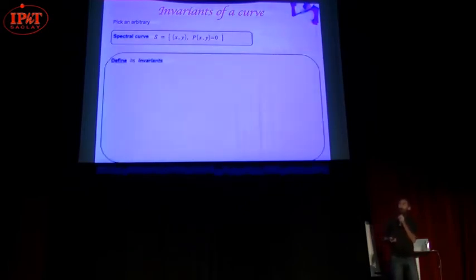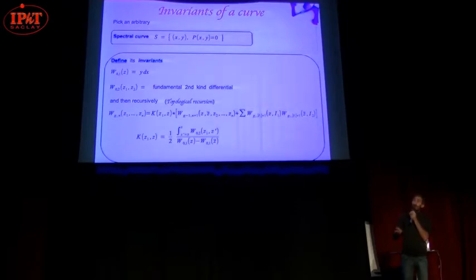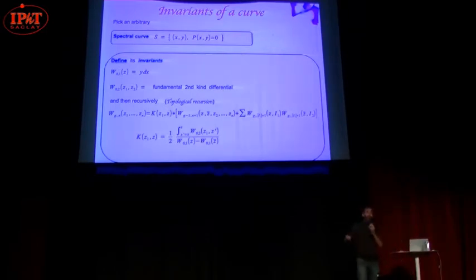And then you define its invariants. You define them by the formula I just gave. So W01 was Y. In fact, let me make it a differential form. Let me multiply it by dx and say that now W01 is not only Y, but Y times dx, a differential form. W02 is the fundamental second kind differential on the curve, and WGN is given by this recursion formula.